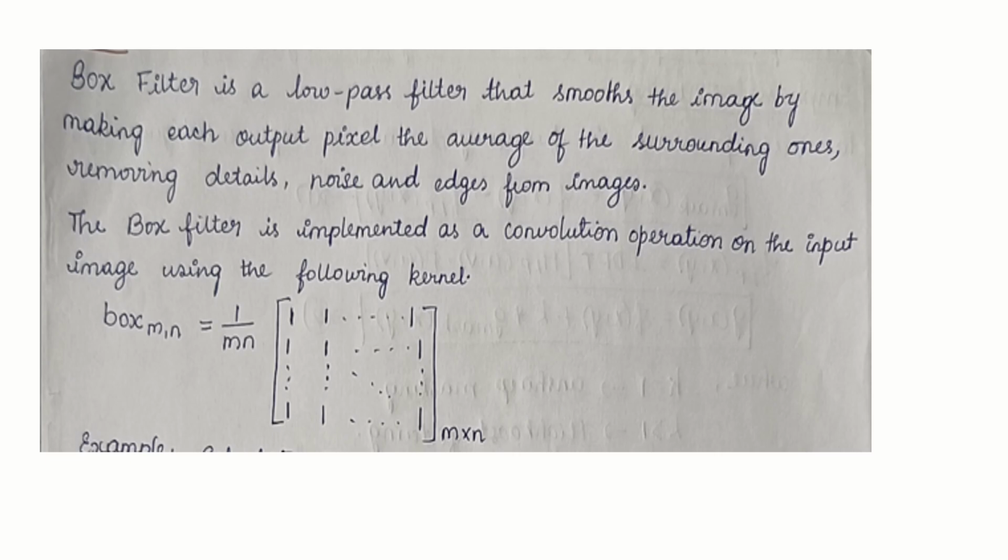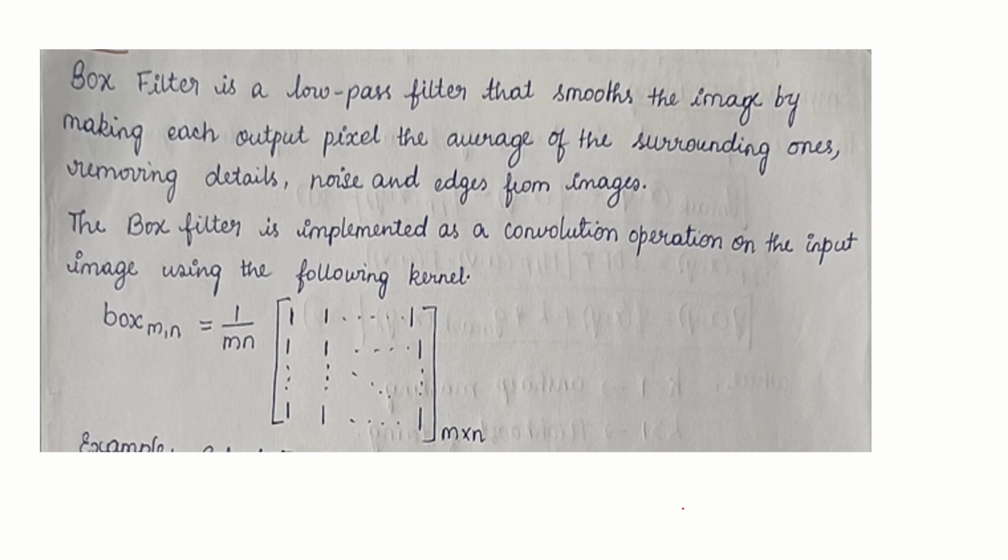Now what is this box filter? A box filter is a low pass filter that smooths the image by making each output pixel the average of the surrounding ones, removing details, noise, and edges from the images.